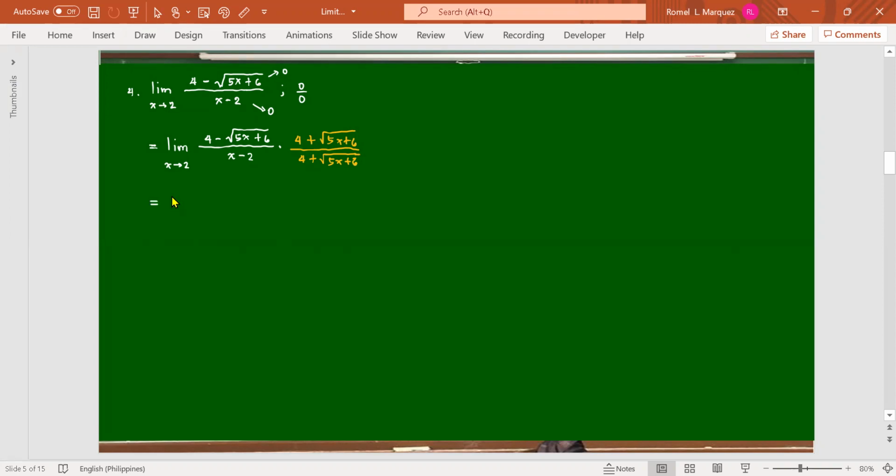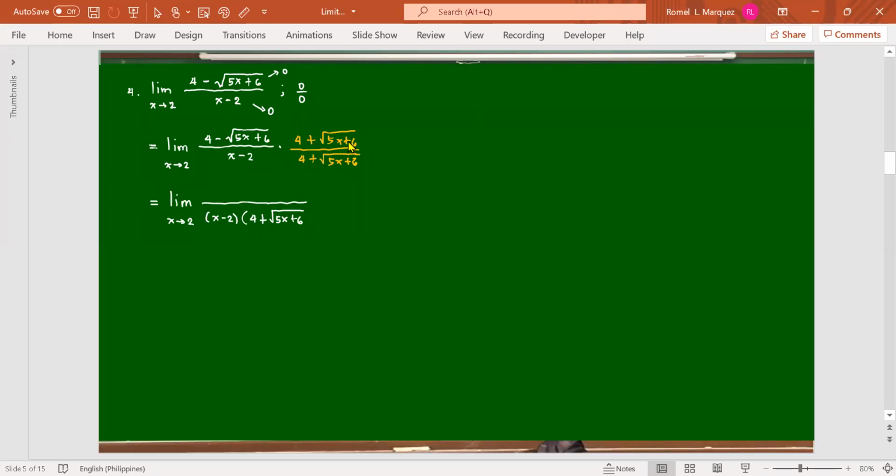So this is equal to the limit as x approaches 2 of, what's the product, guys? In the denominator, we have x minus 2 times 4 plus square root of 5x plus 6. What about in the numerator?